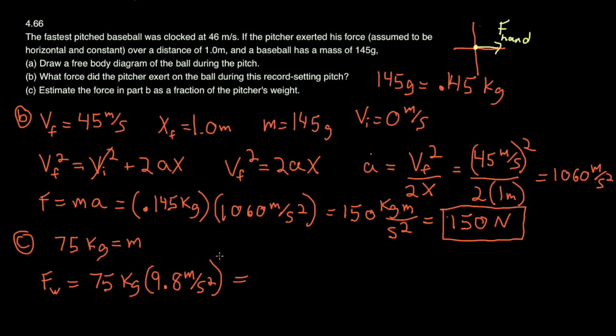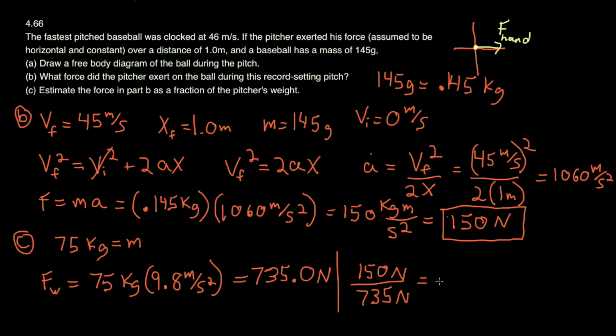And so when you put this in your calculator, you get 735 newtons. But that's not what we want to know. We want to know the fraction of the pitcher's weight. So to do that, all we have to do is 150 newtons over 735 newtons.